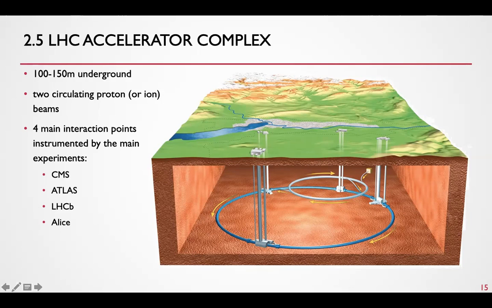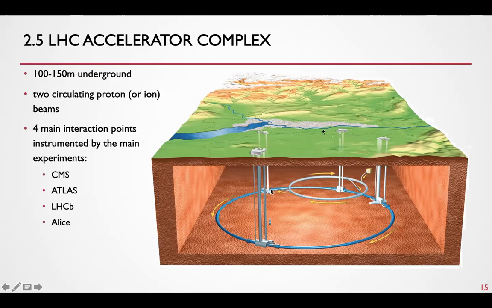The main experiments are CMS, it's here. Here are our main labs and the hotel and the cafeteria, at least most of that's here. This is where ATLAS is. CMS is a 30 minute drive away, 20 minutes if you're fast.